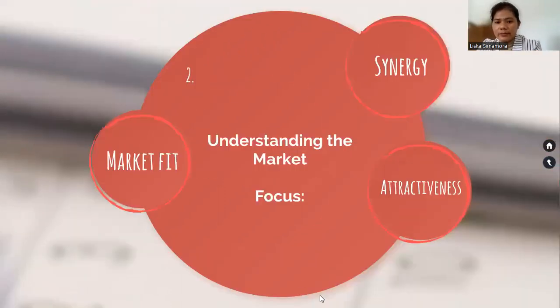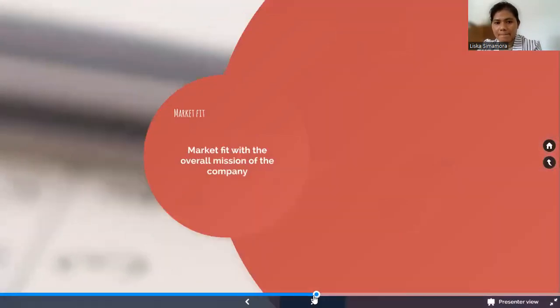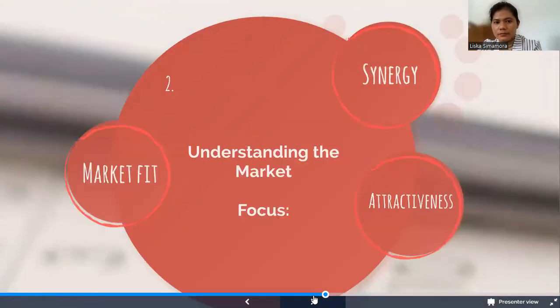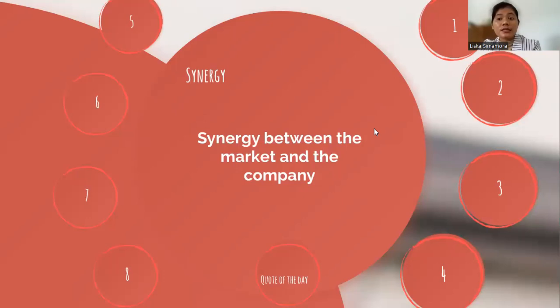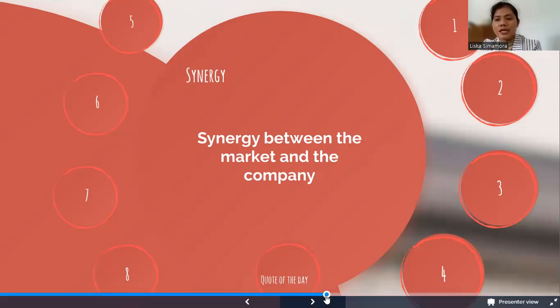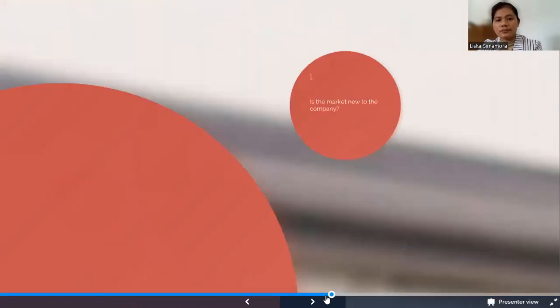And then synergy, synergy between the market and the company. This is important. As I mentioned before, you have to create a product that is acceptable to the market and supports your company mission, supports your company goals.